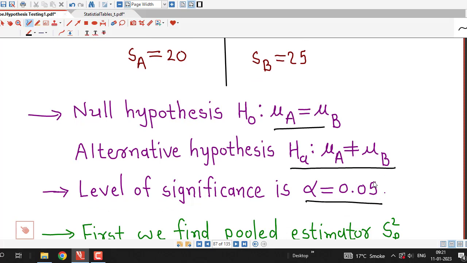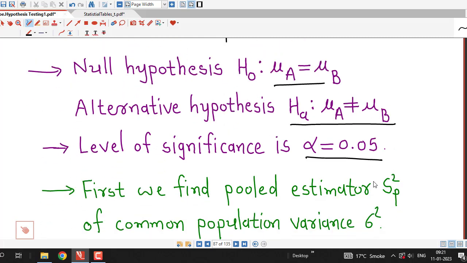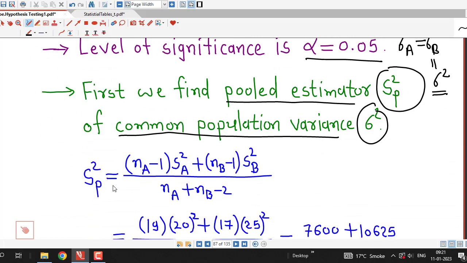Level of significance is 0.05. Now to calculate the value of T statistic, we have to first find the pooled estimator denoted by SP square of common population variance denoted by sigma square. Here we assume that population variances are equal, and the equal value is sigma square, which is unknown. So we estimate it using pooled estimator SP square, and this is the formula for pooled estimator.